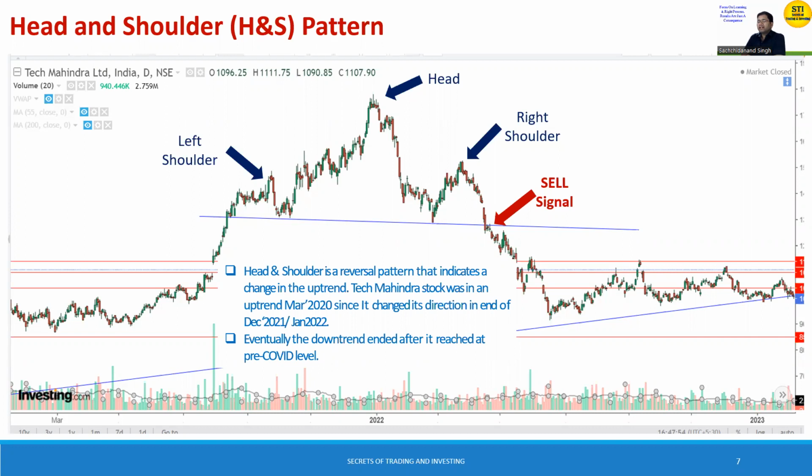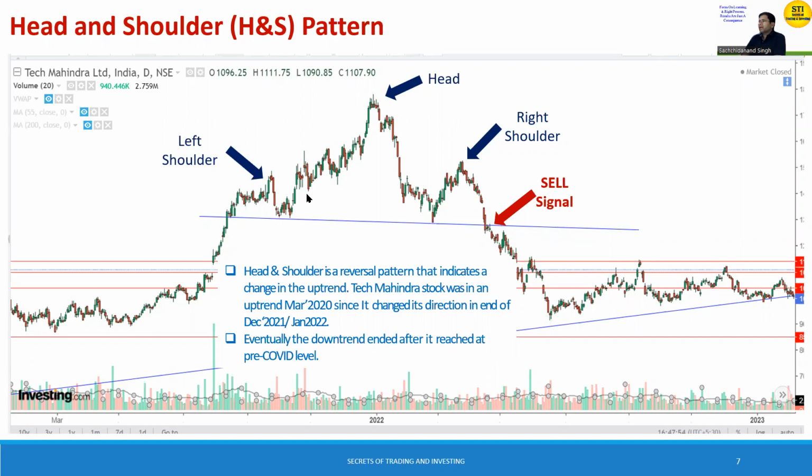You don't need to memorize the name by heart, but just remember the logic: after a reversal, it is going to be bearish. That means before a reversal, the market was bullish.